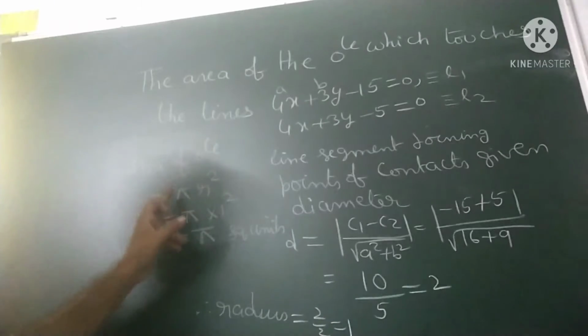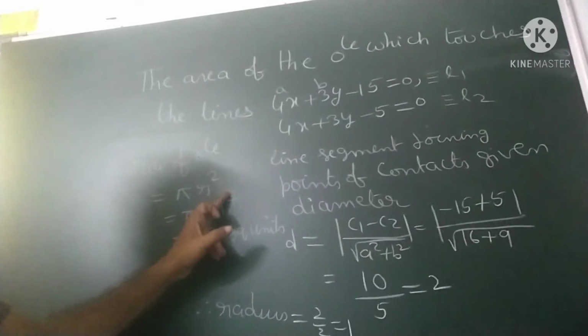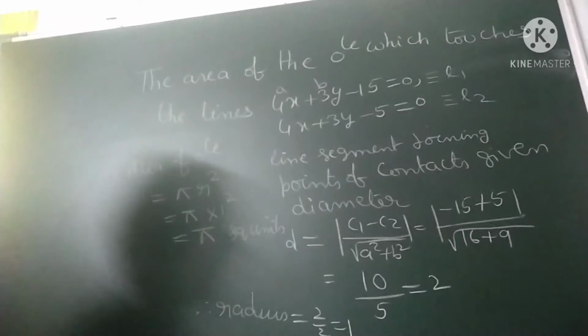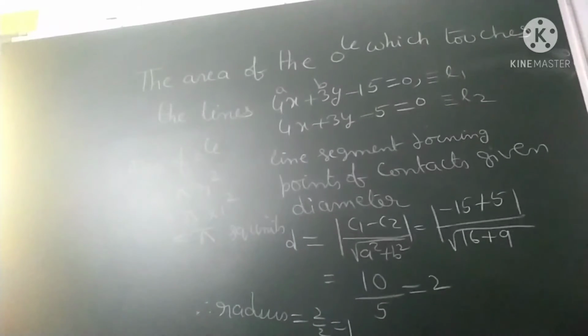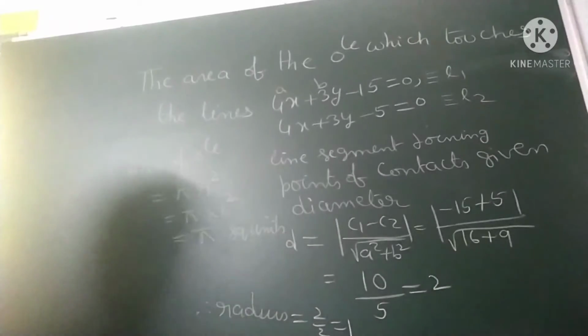So area of circle is equal to pi r square, pi into radius 1 square, that means pi square units. Okay. So another problem.